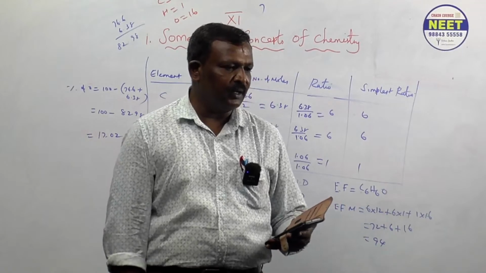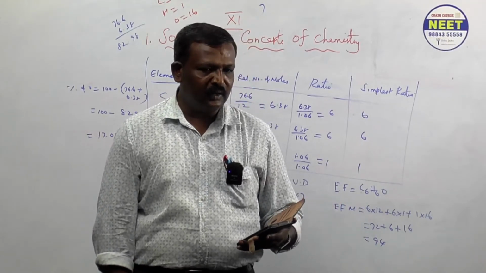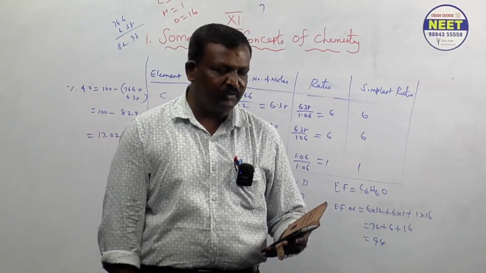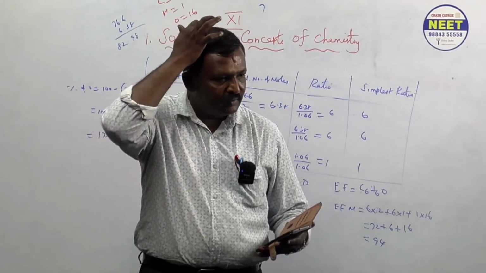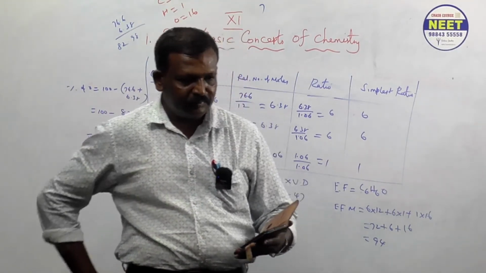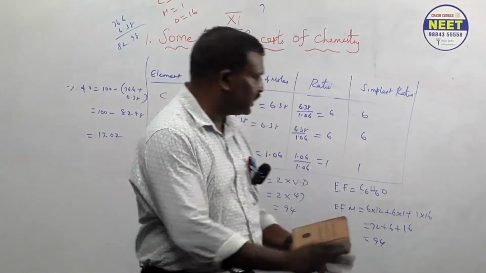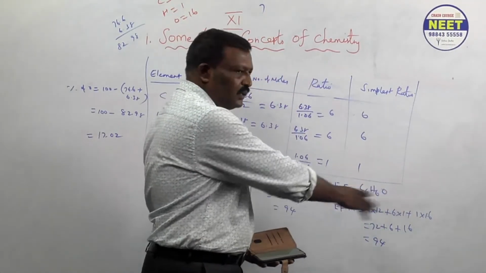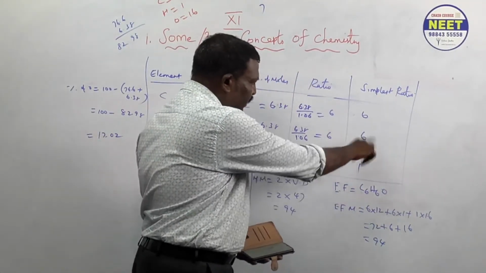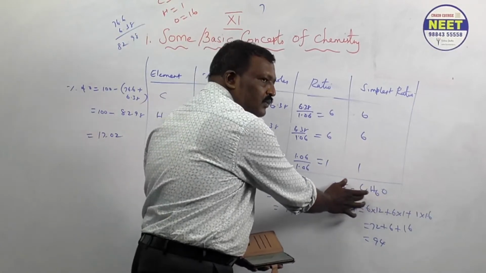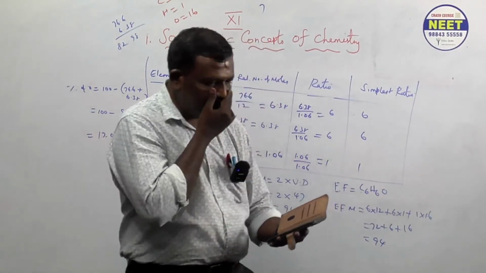Find the empirical formula. Okay, only the empirical formula I am asking. Don't worry, other things are not needed. You find out only that, and from that we can get the answer. Only the empirical formula. Right, one more question.